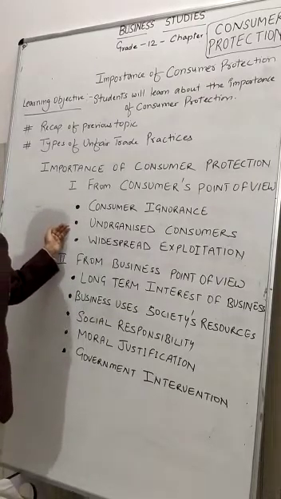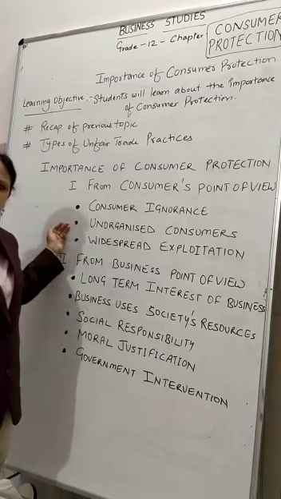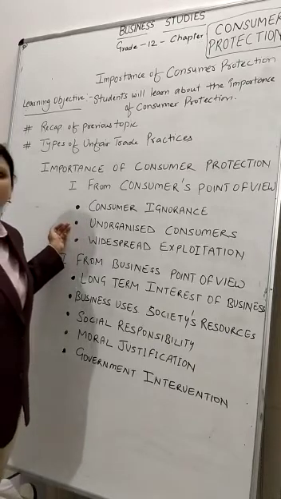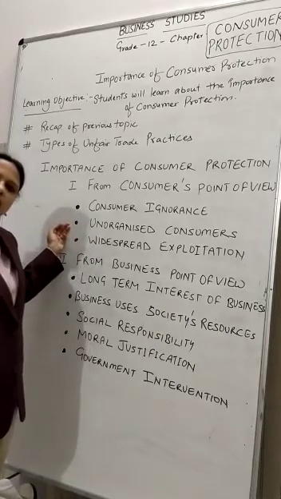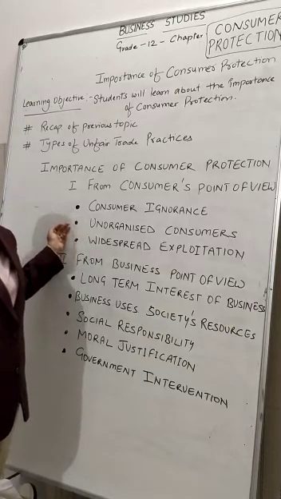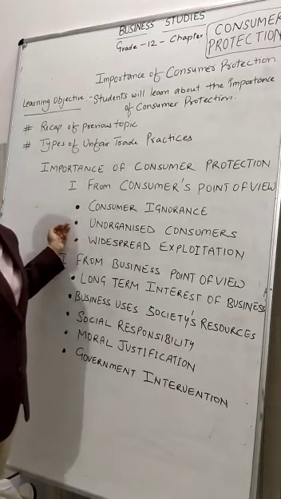Next one, unorganized consumers. We all are consumers, and as a consumer, it is our duty to be a part of a consumer organization. A consumer organization is a voluntary group of people working for the welfare and the protection of the interest of consumers.